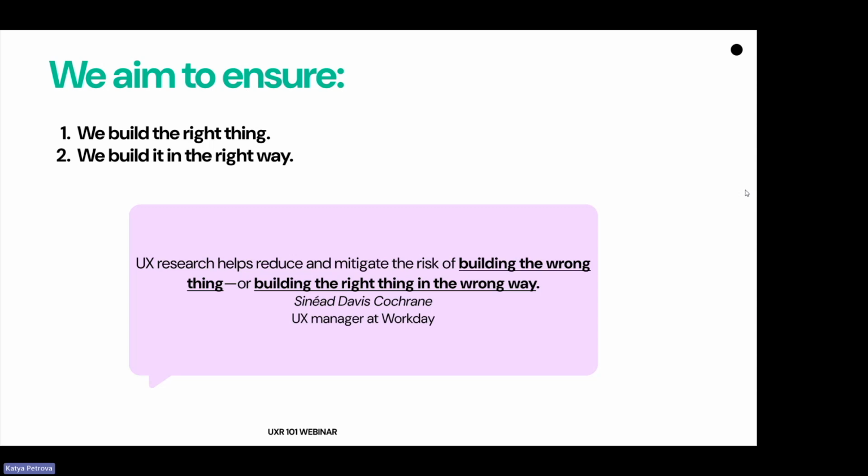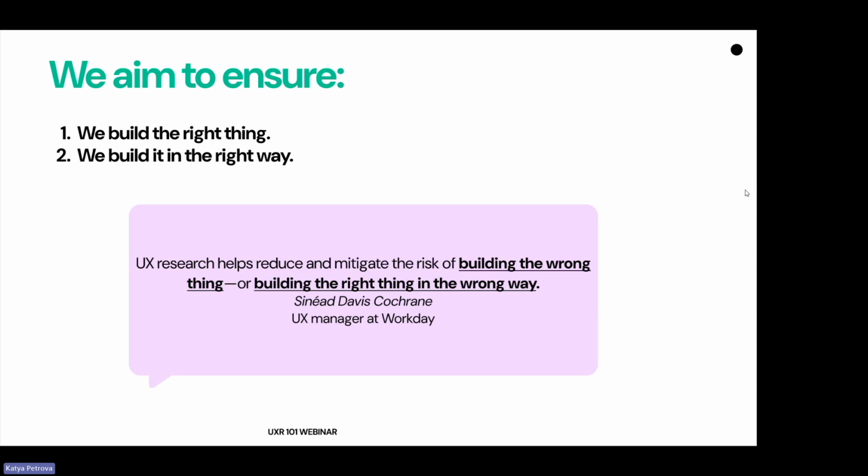With the first question, we're trying to make sure we're building the right thing, that we are responding to a real need, and that it is really a problem that people are facing. With the second part, we want to make sure that we're building this thing that we've identified as the right thing to build in the right way.